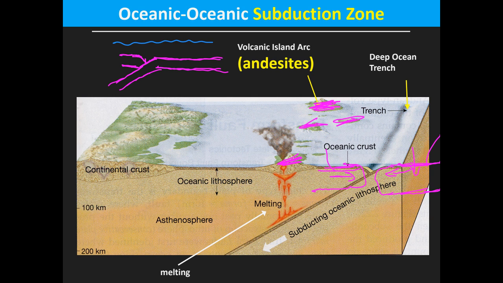Let me use the yellow color for this plate right here. And there's a trench right here. So when this plate goes down, at a certain depth you're going to have magma, just like here.